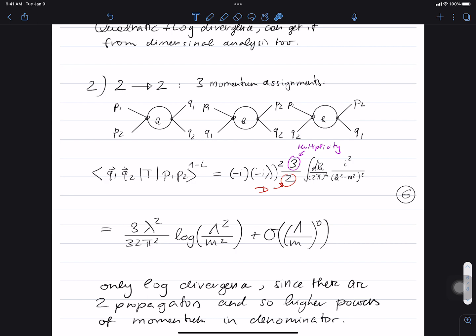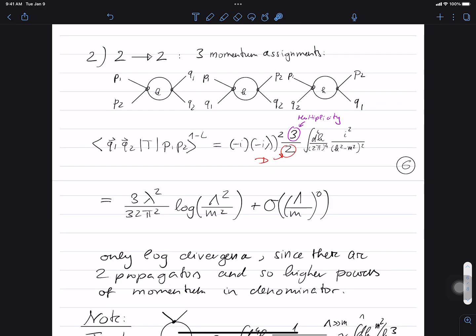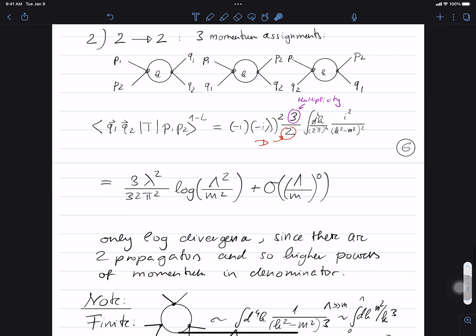And the final rules give us, again, a negative i lambda squared now, with the integral over d4k divided by the propagator times the propagator squared, however, because we have 2 propagators instead of 1. So we have 1 divided by k squared minus m squared, squared. And performing the same Wick rotation calculation gives us a logarithmically divergent term.